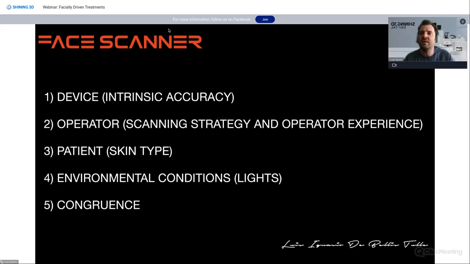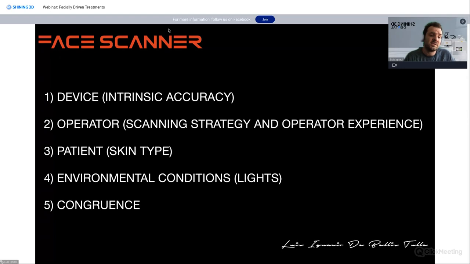Well, with the facial scanner, it's exactly the same. I don't have to start jumping like a monkey around the patient trying to get something. I have to follow a protocol to get a fast and accurate scan of that patient.